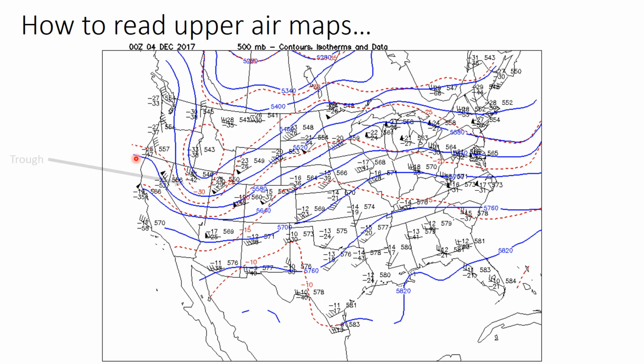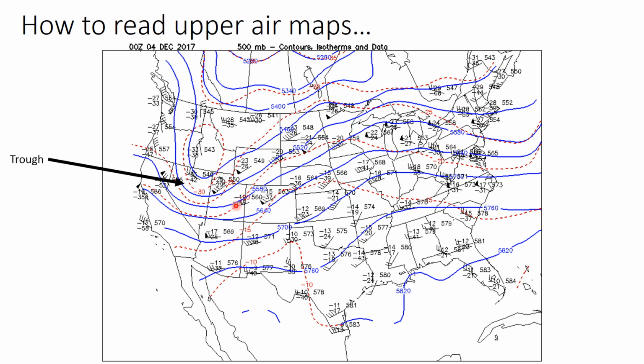A trough, like this one right here, is what happens when these height lines begin to form what looks like a U shape, kind of like this. This represents a depression, an area of lower pressure and colder air. And so that's what a trough looks like. We see this pretty big trough over the western United States.